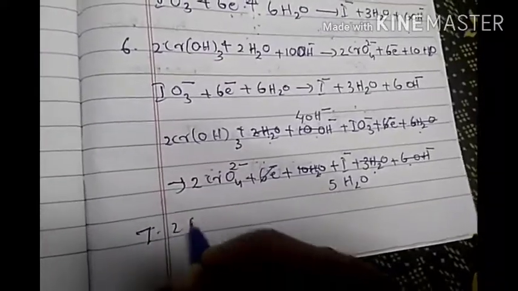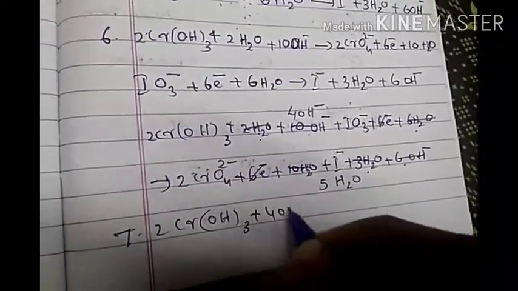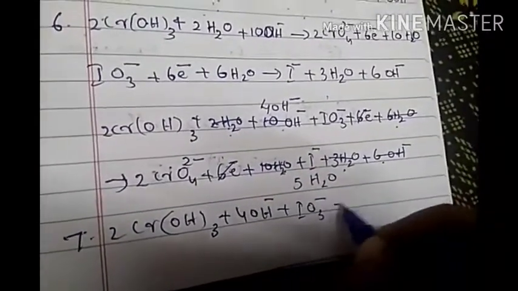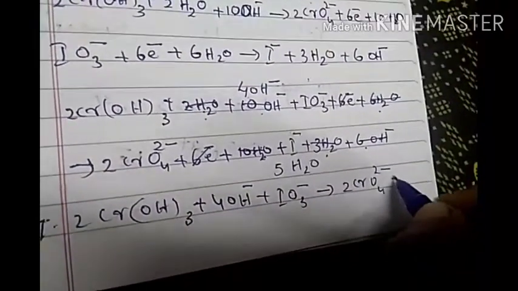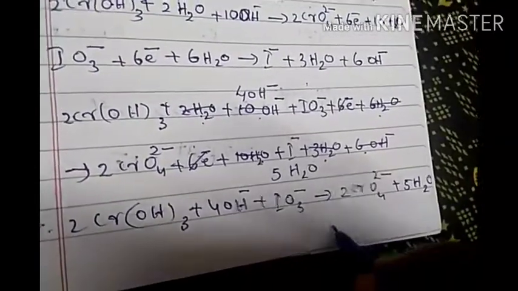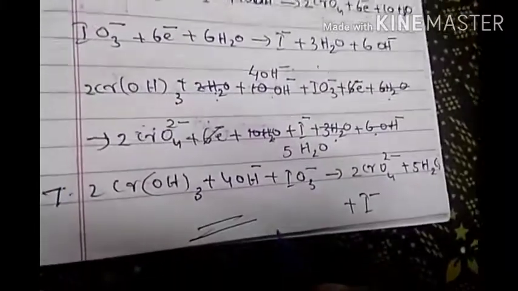We will get 2 Cr(OH)3 plus 4 OH minus plus IO3 minus gives 2 CrO4 2 minus plus 5 H2O plus I minus. This is the balanced equation for this reaction.